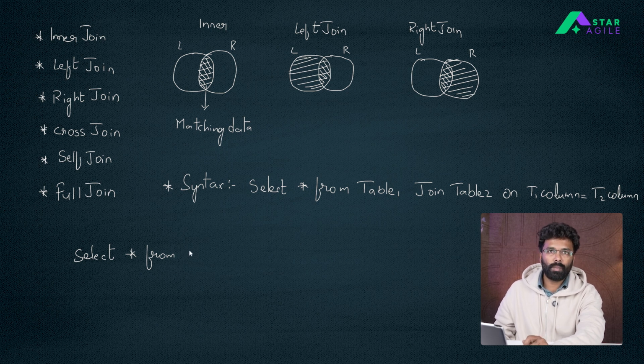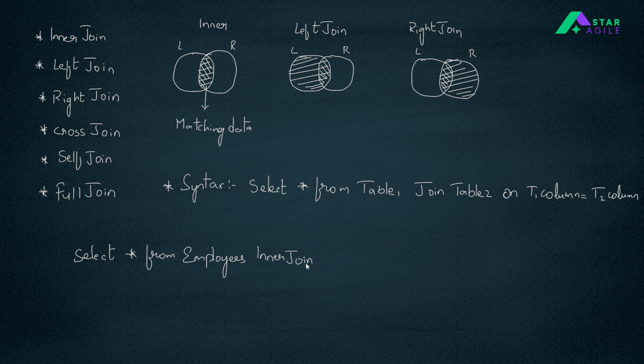I'll take the first table as employees inner join. So the first join you are performing over here is an inner join. Next, one more table with which you want to join: departments.